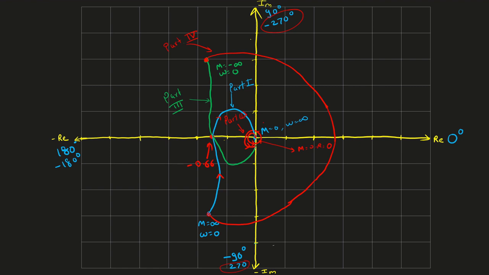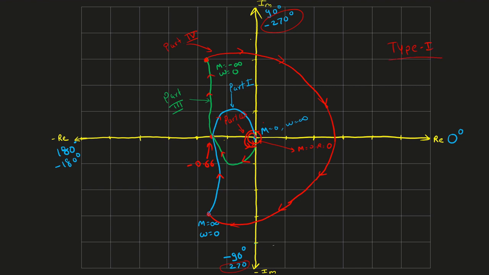At the end of the second part, the third part is starting, ending at this point with magnitude infinity and omega equal to 0. That part is going from minus 90 towards plus 90. And the last part is going in clockwise direction, from 90 degree towards minus 90 degree, with infinite magnitude. This is the entire Nyquist plot for a type 1 system.